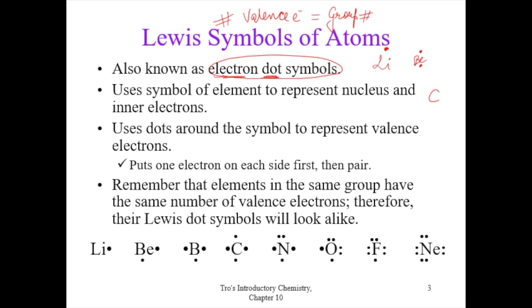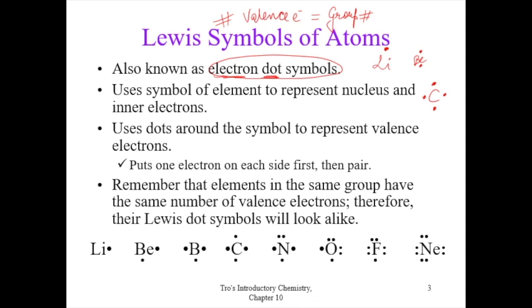I have to draw 4 dots around it, and I would distribute 1 dot on each side of this atom. I will not be pairing any of these dots as of now. You always distribute these dots around all the sides, and when you have more electrons left, you can start pairing those electrons up.